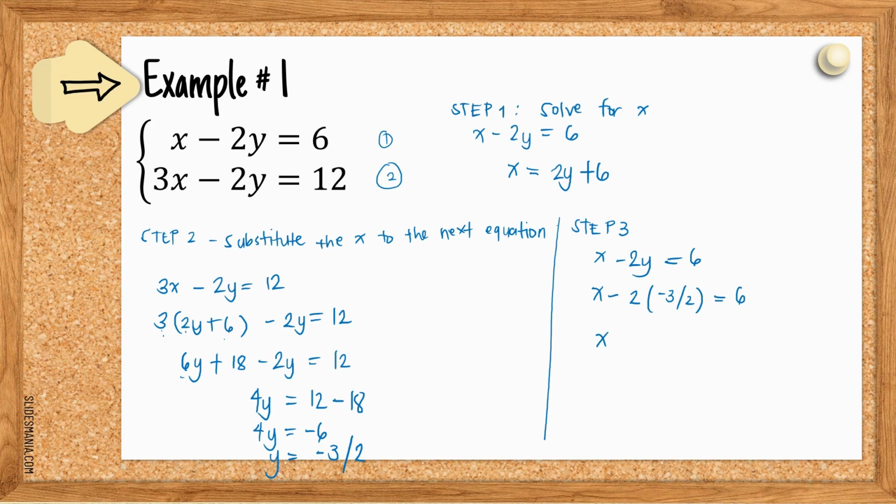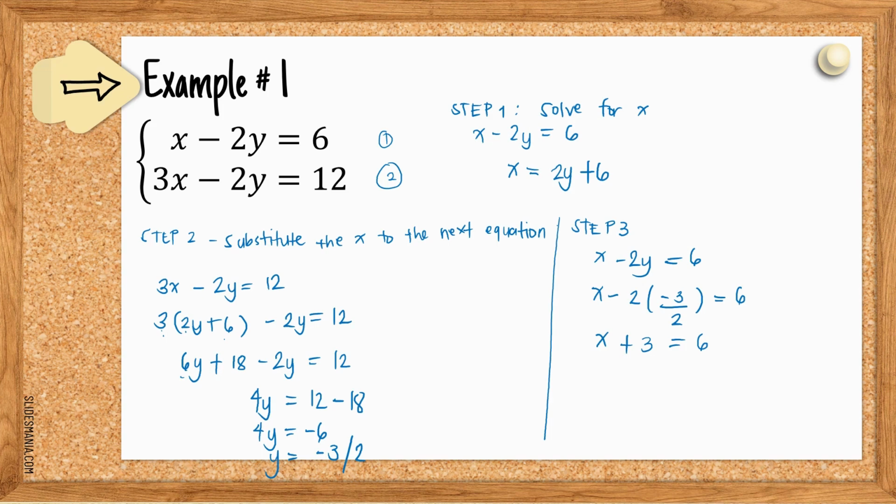For you to see it clearly, it looks like this. We could cancel out this and this. So I'll have negative 1 times negative 3, that is positive 3. So x plus 3 is equal to 6.